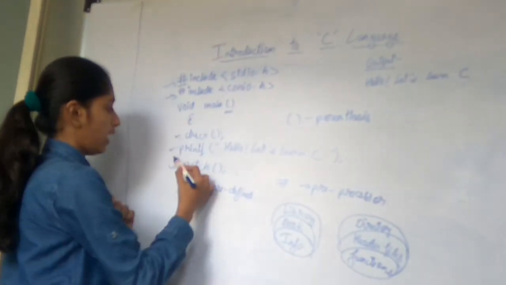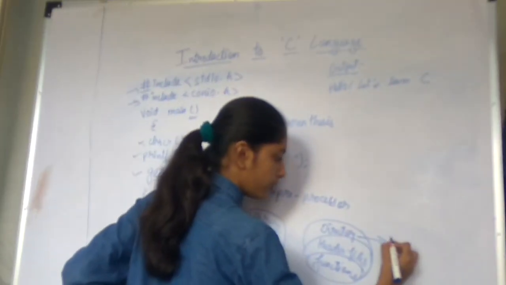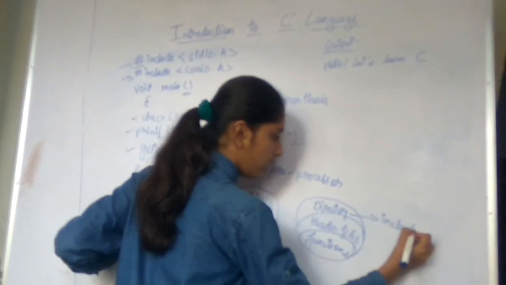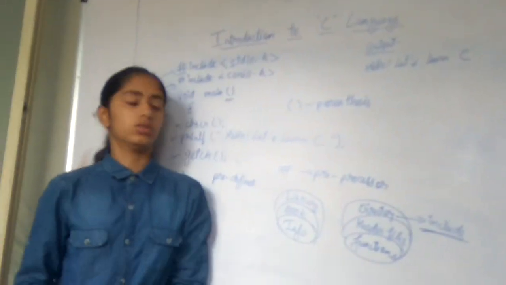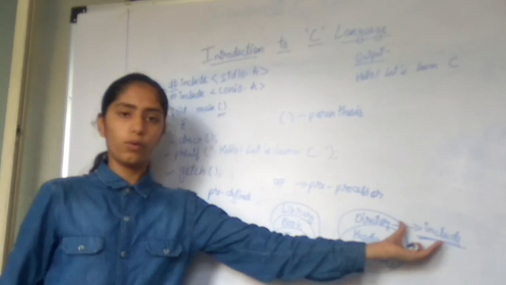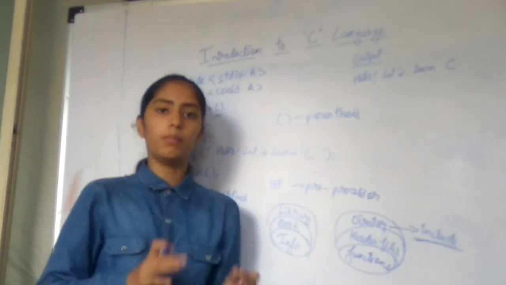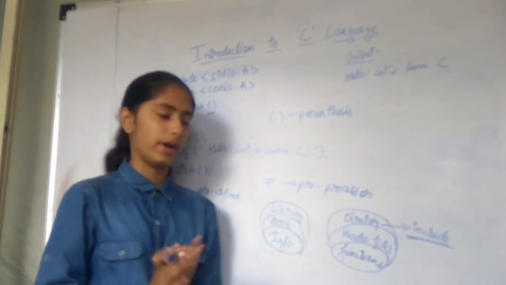My functions are these three, and my directory is common for every file, that is include. So hash basically links this include directory and the header files with our code before the execution of the compiler.